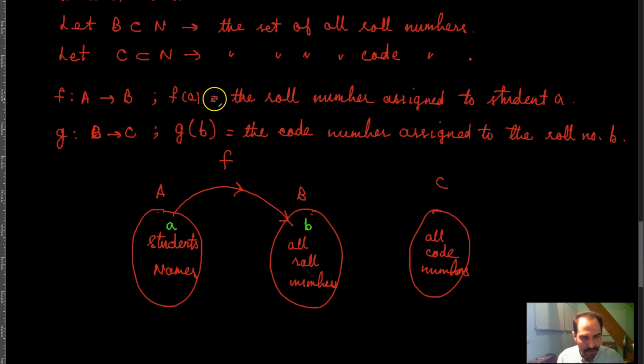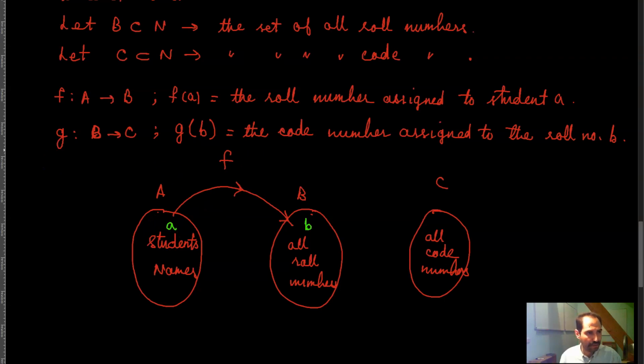And then f of a is some element here, so you can take it as b. So then you can say that f of a, or b, is the roll number assigned to the student a, right?